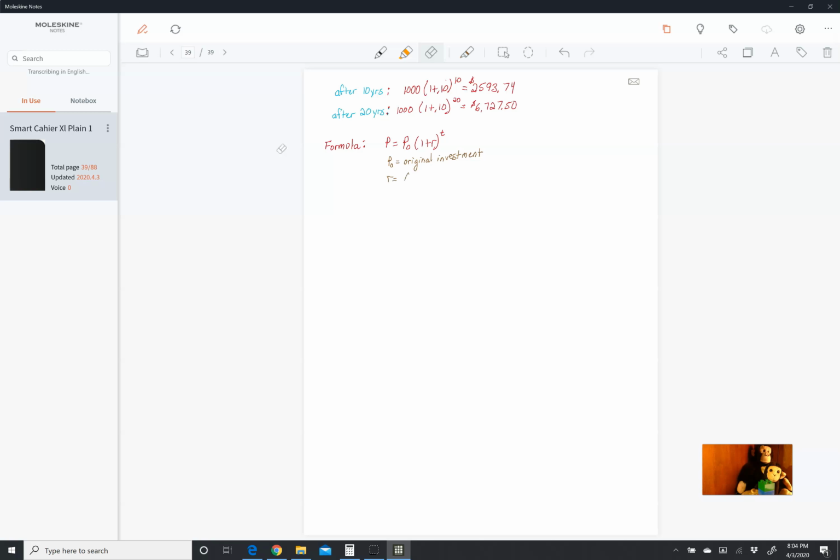R is your APR. APR is annual percentage rate. So when we say 10% interest, we're saying APR of 10%. But our R has to be written as a decimal.